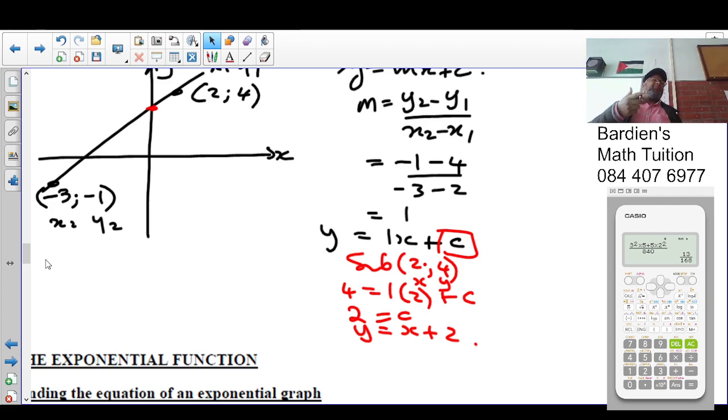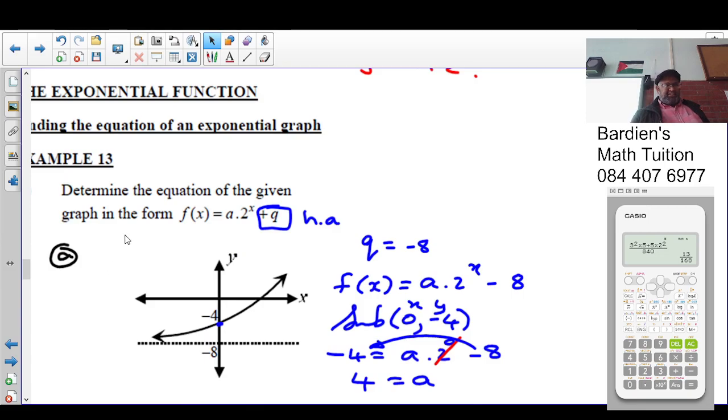Anything I left out? Increasing and decreasing. Now they can ask you that, and at times they could give you the graph and ask you questions around that as well.